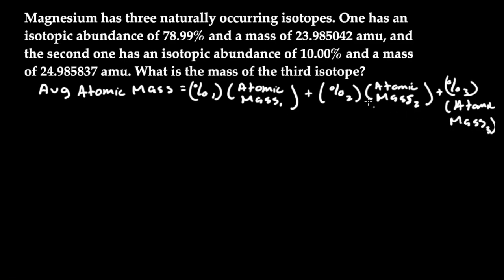And so because we have three different isotopes, we're doing this three different times, but if we had 4 or 5 or 2, we would just do that however many times.